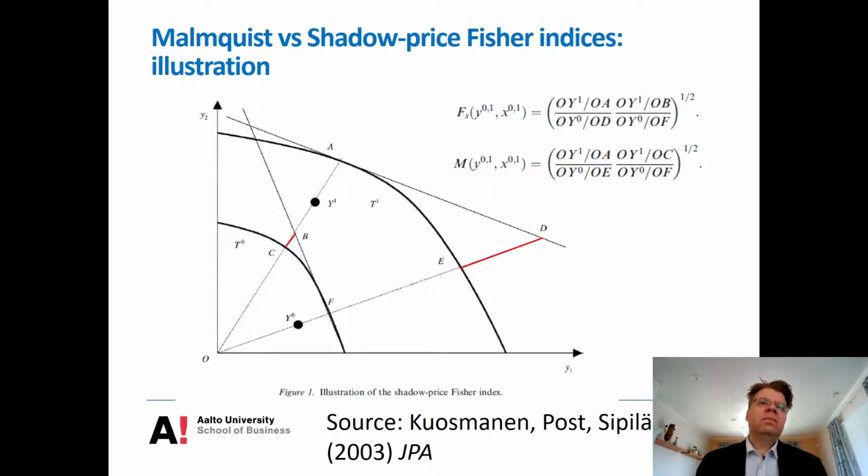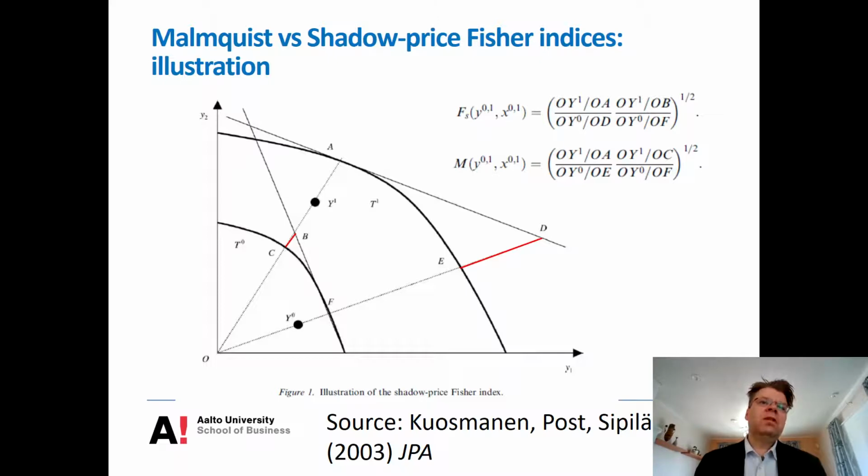And in the same way, in the shadow price Fisher index, we use this point B from the iso-revenue line to compare the outputs of the target period to the base period benchmark.